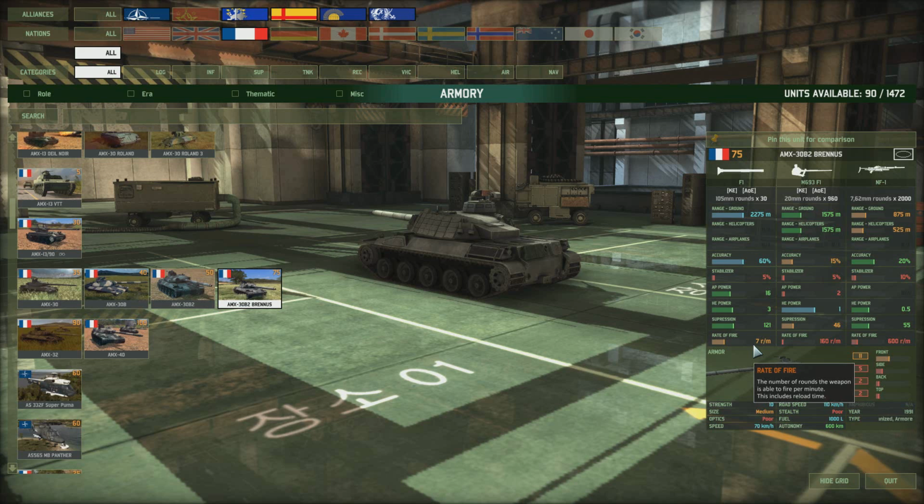I'll repeat that because it is quite important: the rate of fire will depend on the time taken to aim, the amount fired per salvo, and the reload time between salvos.